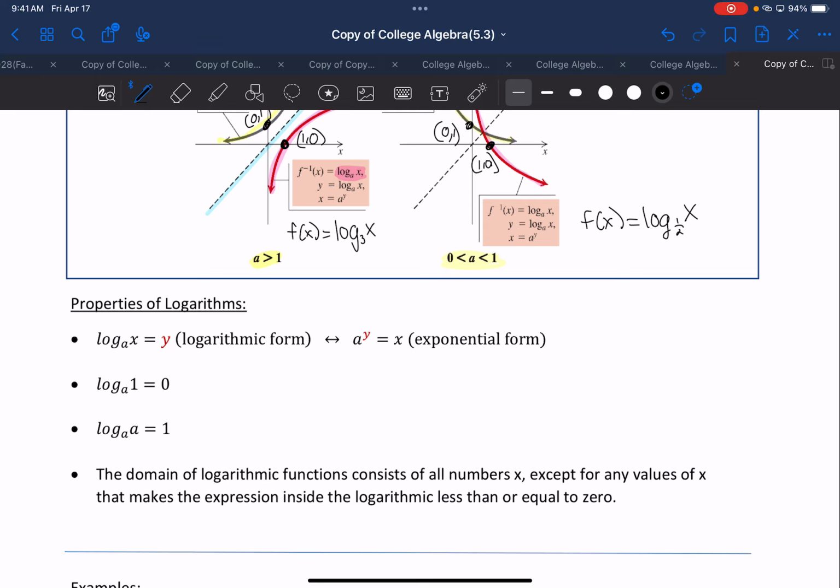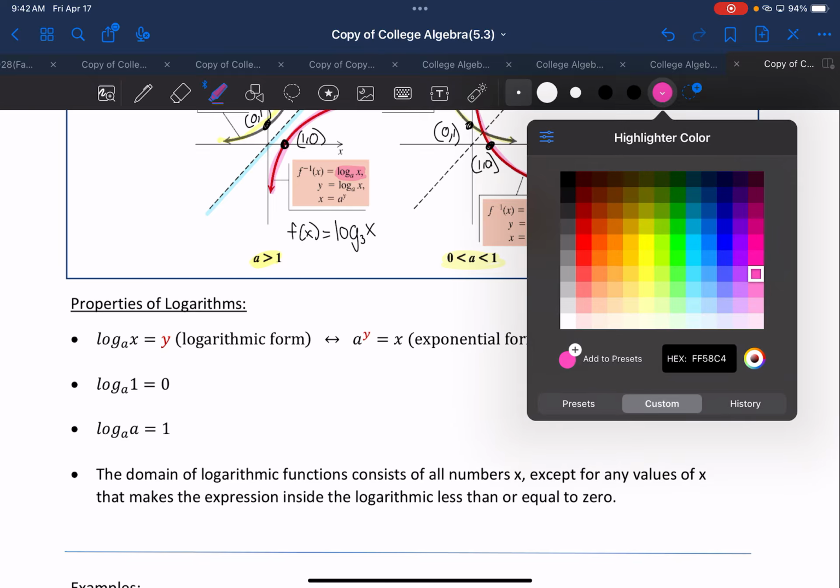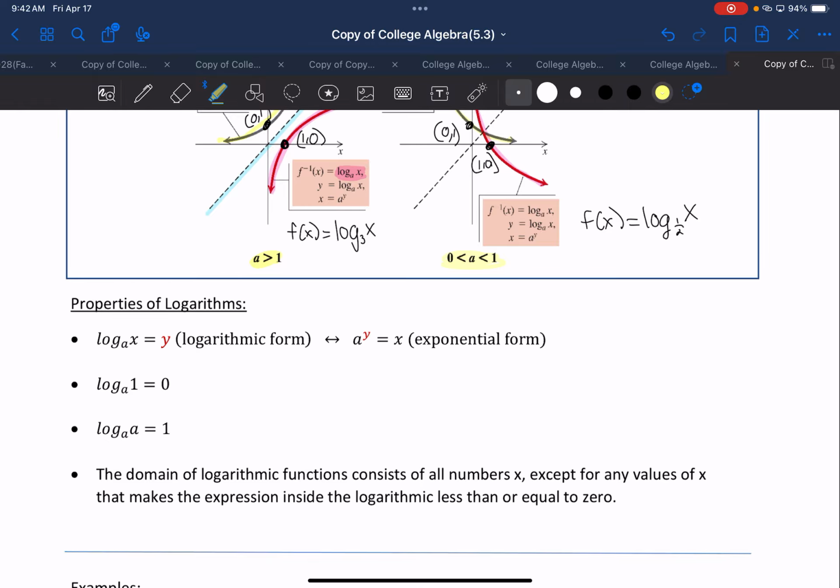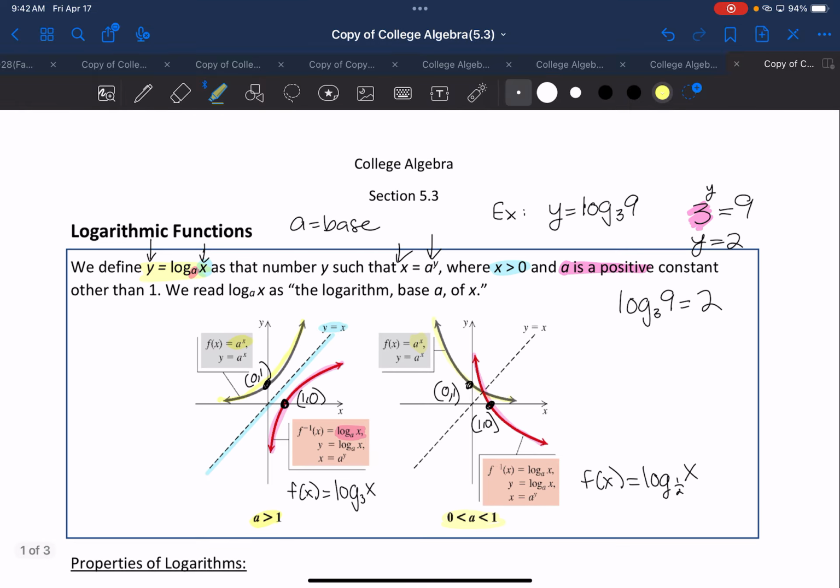Section 5.4 is all about properties of logarithms. So there's a lot. The first property is kind of contained in the definition that I went over up here.